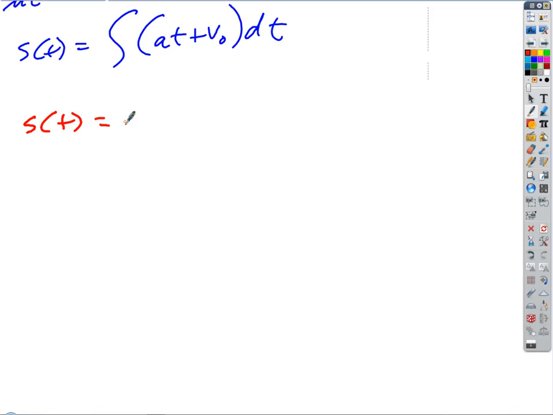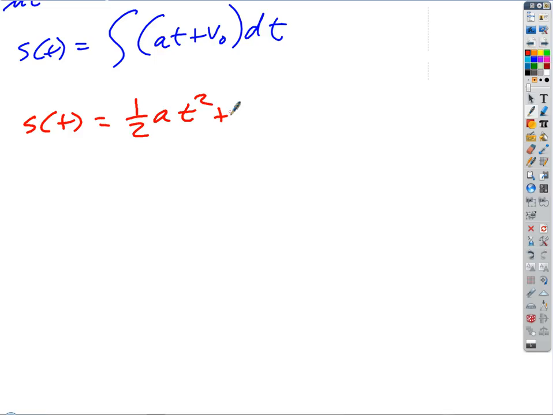T squared over 2, right? So I've really then just got 1/2 times a t squared, right? Are we familiar? Plus, what's the antiderivative of some constant times 1 dt?